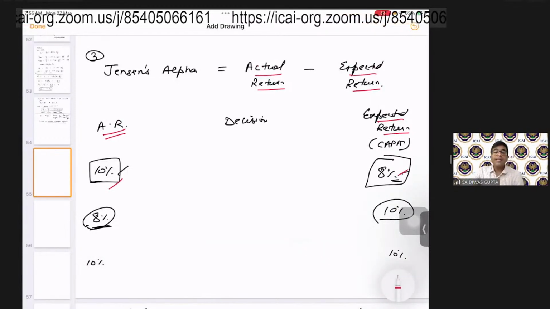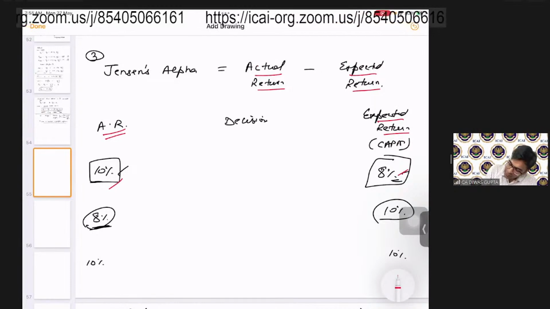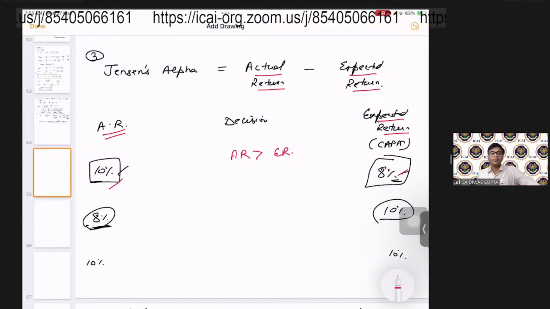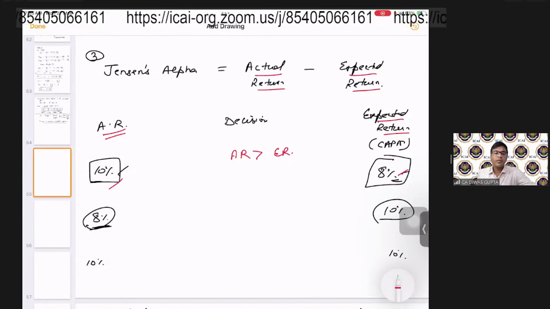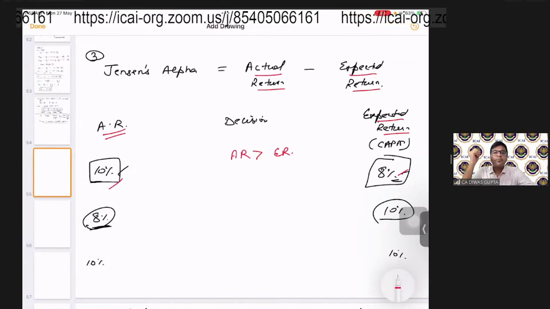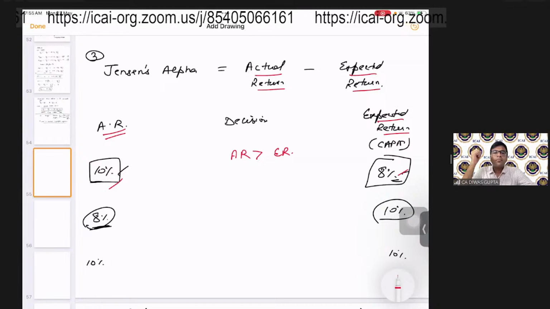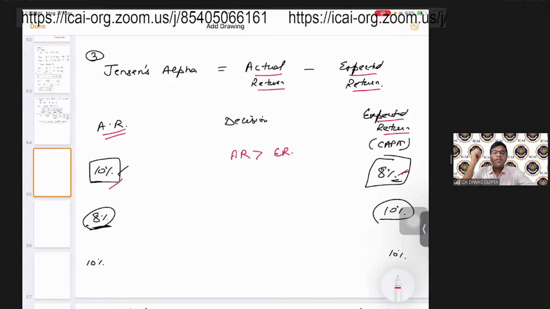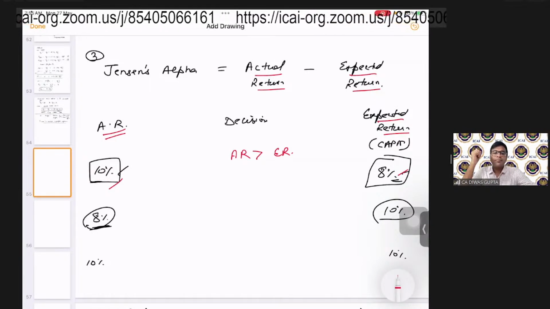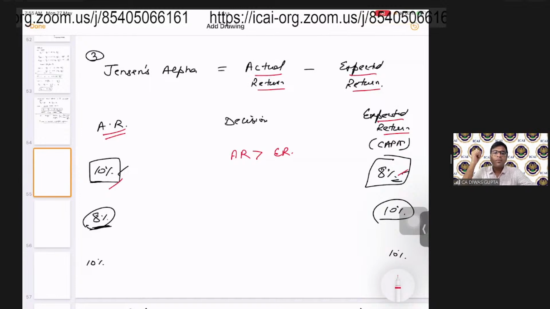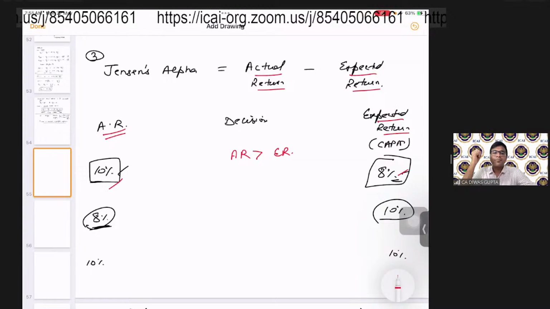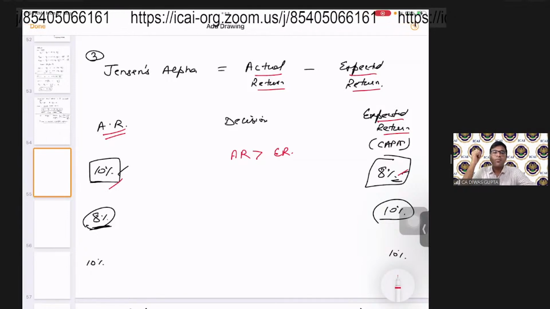If the actual return is higher than the expected return, Abrikesh is saying sell. I request everyone who has joined to answer, please. If actual return is higher than the expected return, what will be our course of action, students?